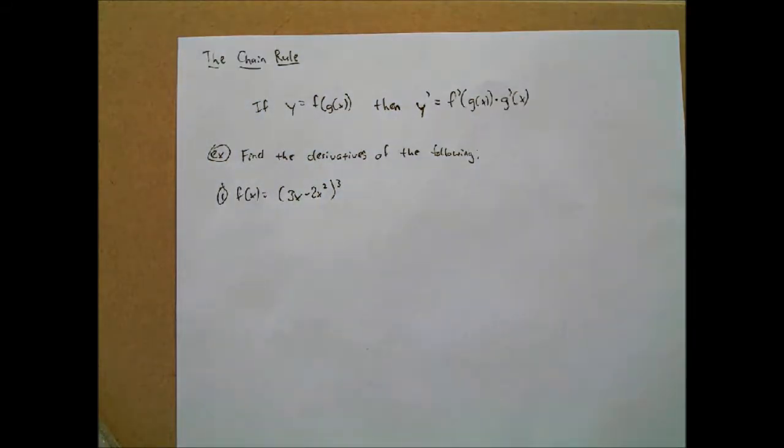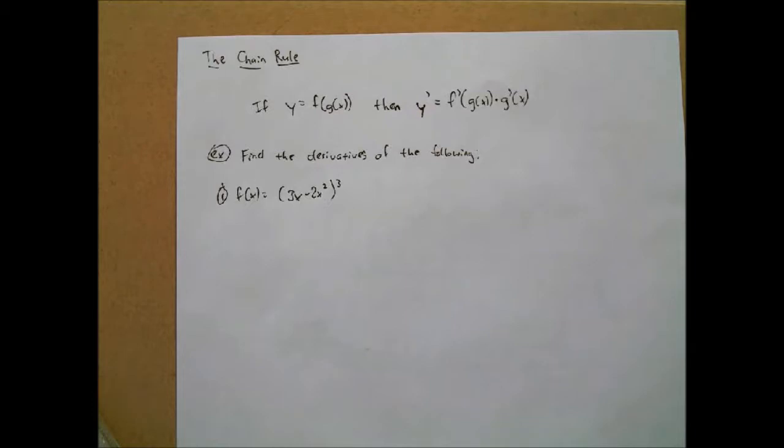Now, in order to take the derivative of this, must we use the chain rule, or do we have another option? Could we have taken the derivative of this prior to today? If we multiplied it out.